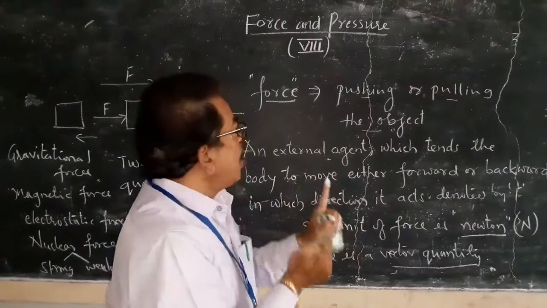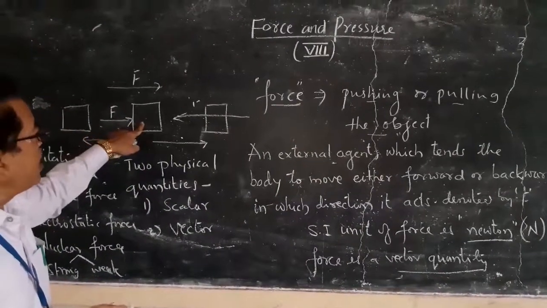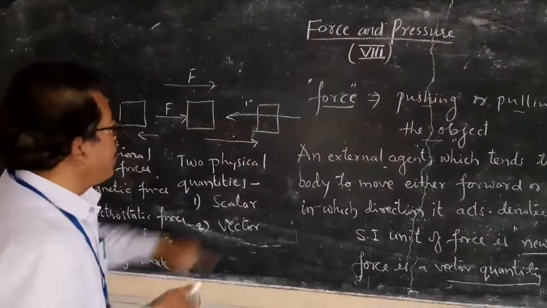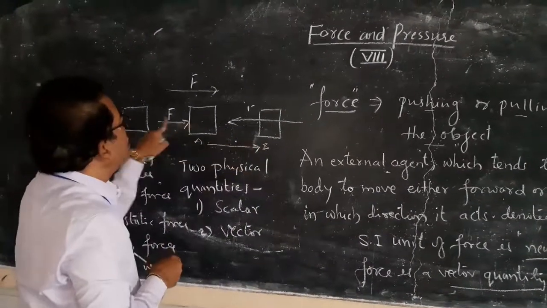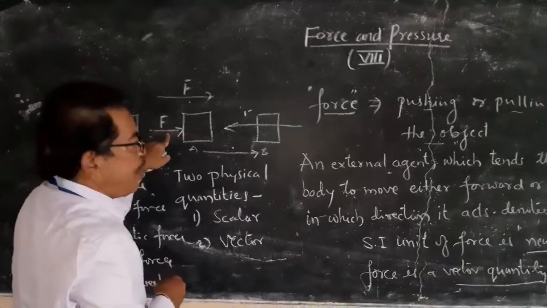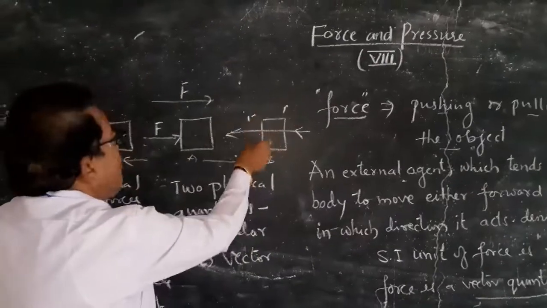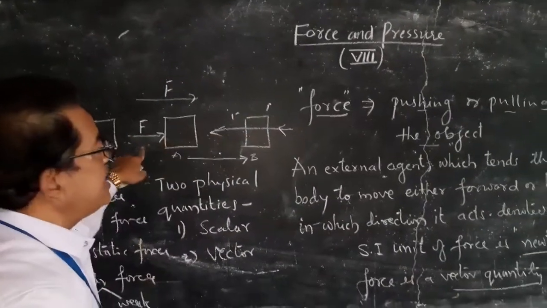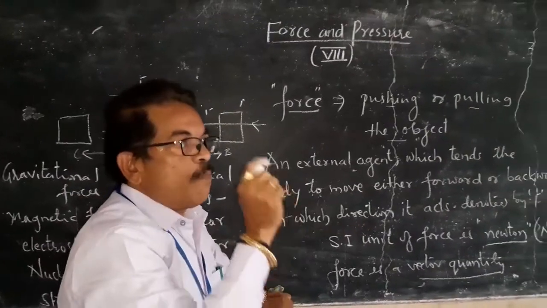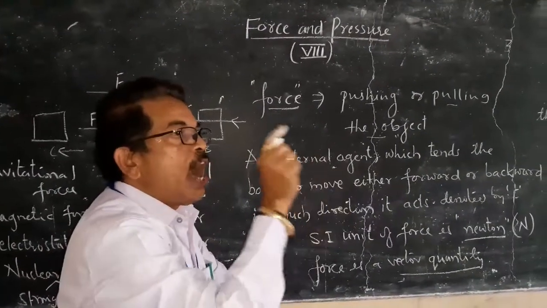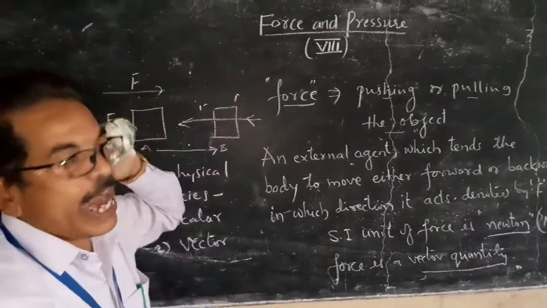For example, in the diagram, the force is acting in this direction, so the object moves from A to B. Then the force is applied here and the object will be at C. There will always be a change of position of an object due to the applied force, in the direction in which the force is acting.